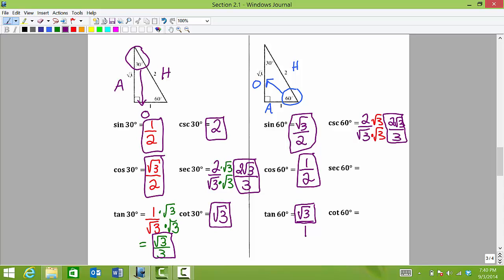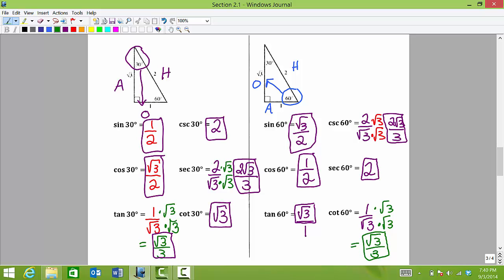Secant of 60 degrees will be 2, reciprocal of cosine, and cotangent of 60 degrees will be 1 divided by the square root of 3, and once again we want to rationalize, so we get square root of 3 divided by 3.